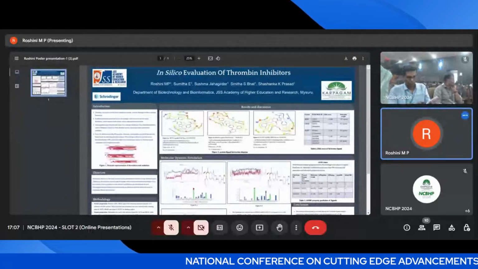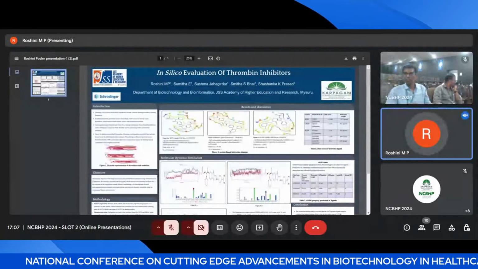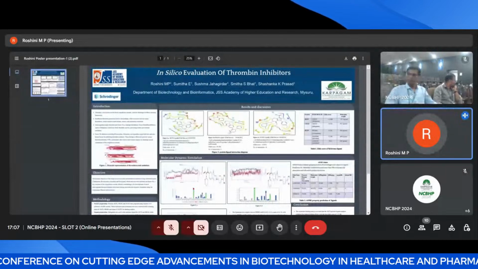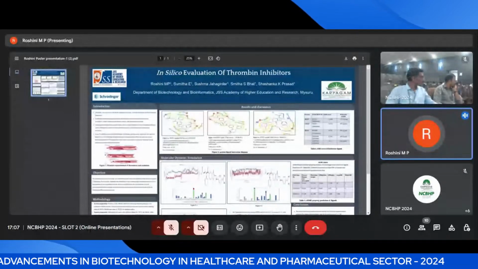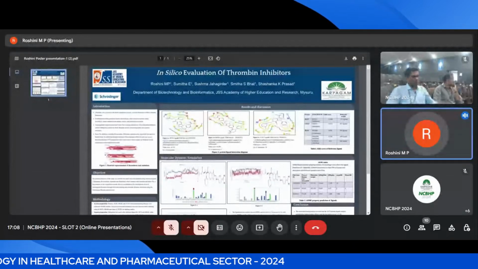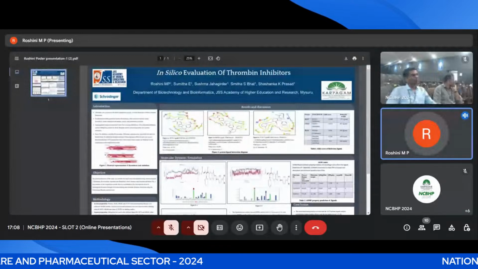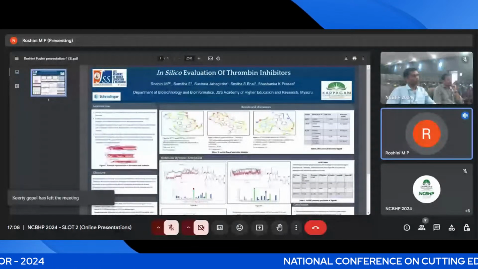Based on Lipinski's rule of 5, around 86 similar structures were selected for the 1KTS protein, whereas for the 3CN protein, around 56 ligands were selected for molecular docking.